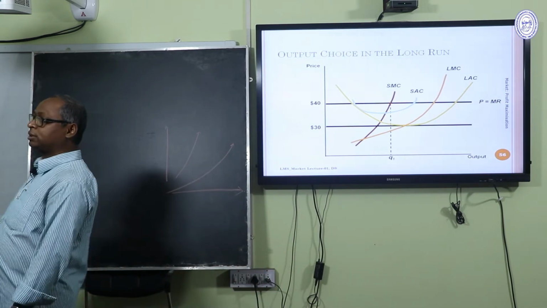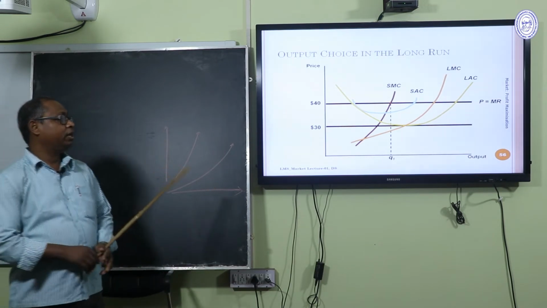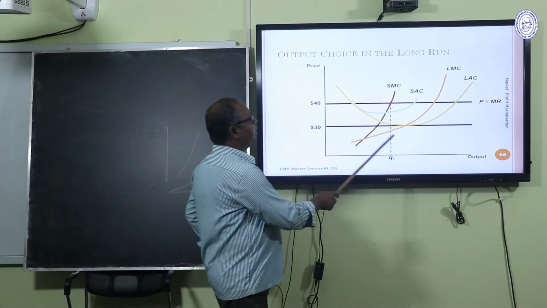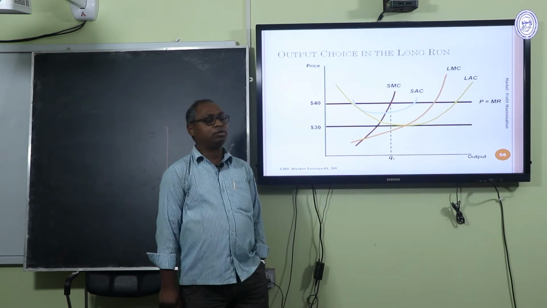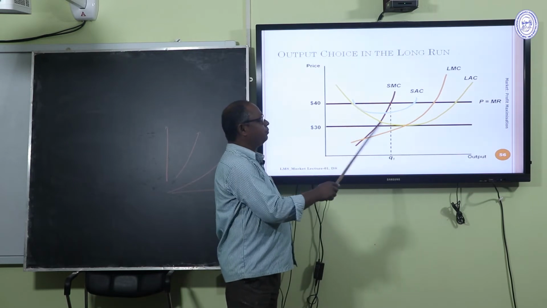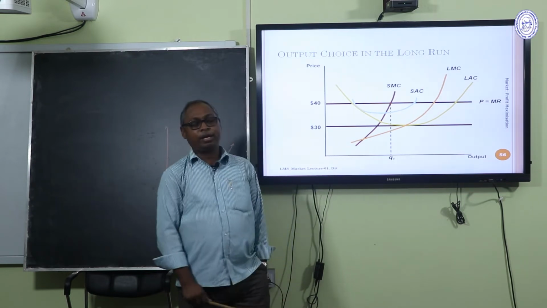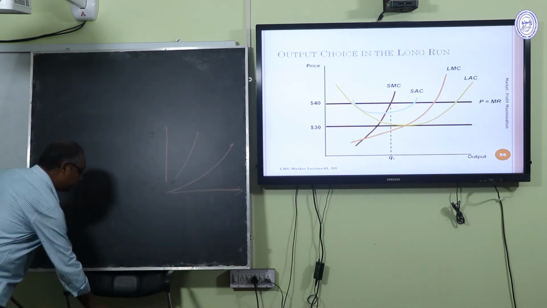So the concept of plant size is very important here. If this yellow U-shaped curve is the LAC curve, our long run average cost curve, then for each and every point there is a short run average cost curve, and for a particular plant, suppose like that.